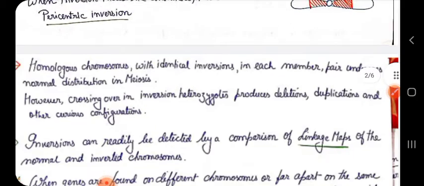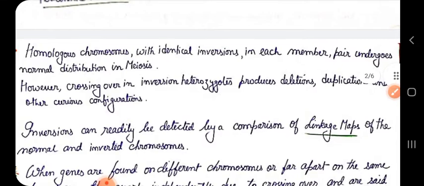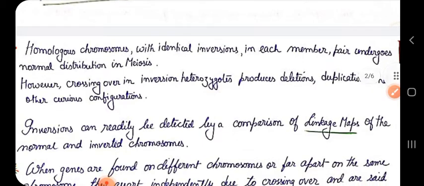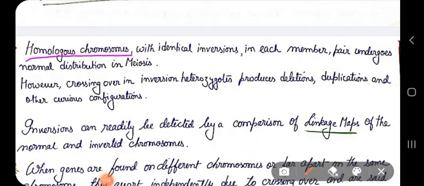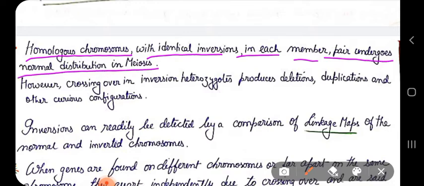Now, the next part that I want to do with you all is this one. It is saying here that homologous chromosomes with identical inversion in each member pair undergo normal distribution in meiosis.